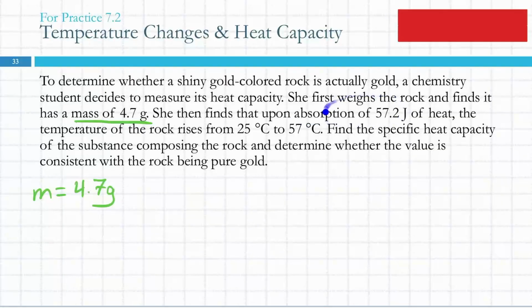She then finds that when it absorbs 57.2 joules of heat, so this is going to be our Q, the temperature rises from 25 degrees Celsius to 57 degrees Celsius. So this from is letting us know that the initial temperature is 25, and then the to is letting us know that the 57 degrees Celsius is our final temperature.